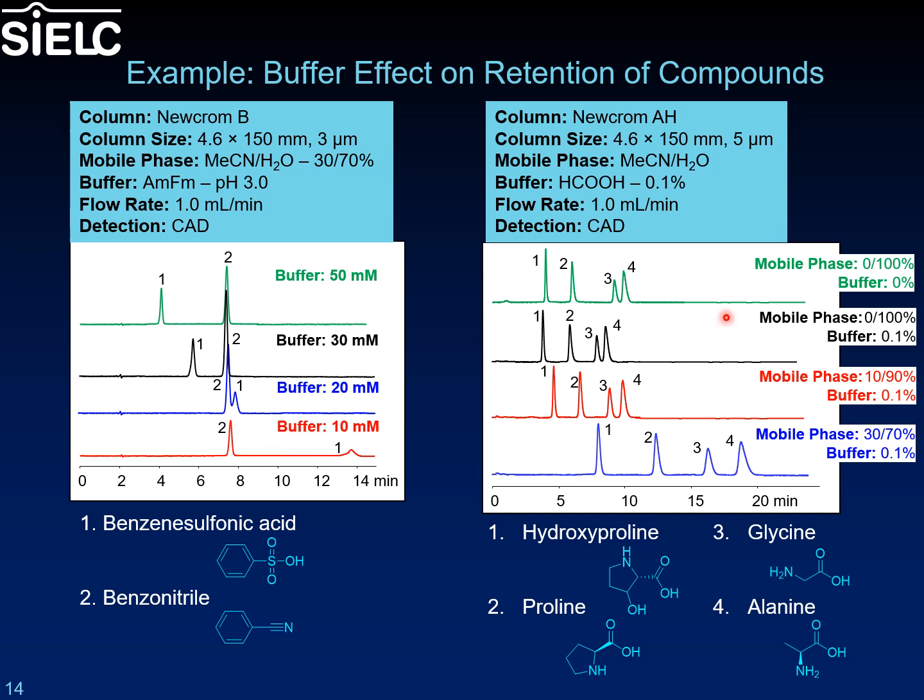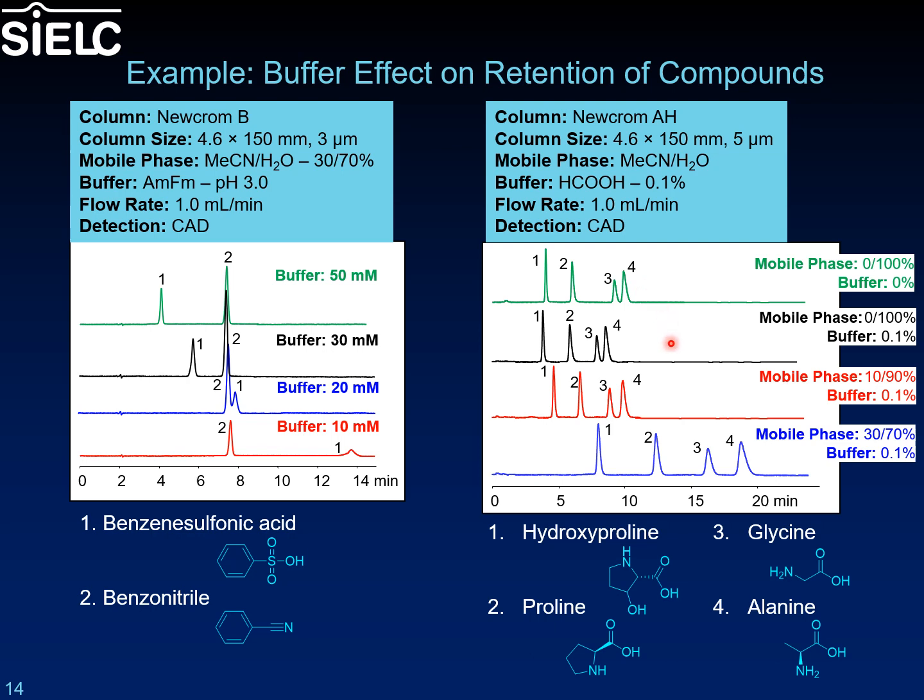The important part here is that if we start out with a 100% water mobile phase with no buffer, we get reasonable separation of compounds, although we get close elution of glycine and alanine.